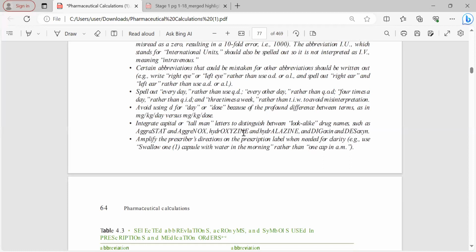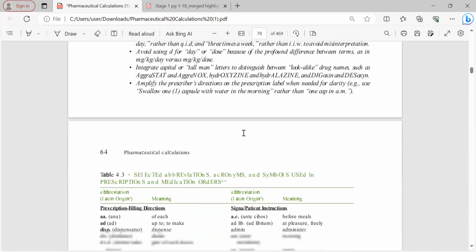Yeah, so those are some of the things that might cause dispensing errors.